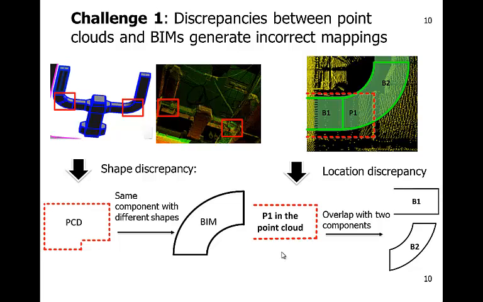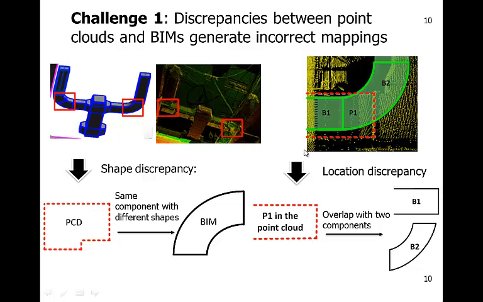Because of the discrepancies between the 2 data sources, the mapping identified using one type of feature might be incorrect. In the right figure, the air duct fitting highlighted in the red box is not constructed as the BIM specifies. If we conduct mapping based on the shape similarity, this mapping cannot be identified.